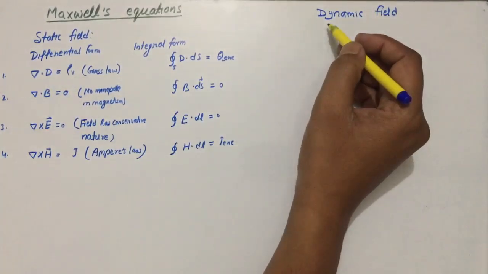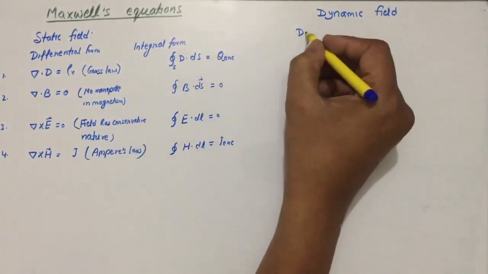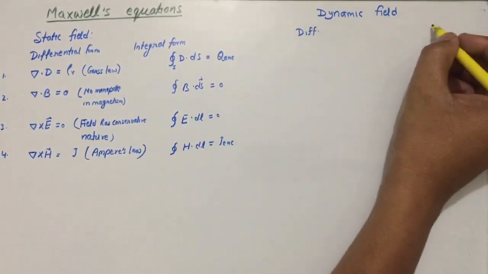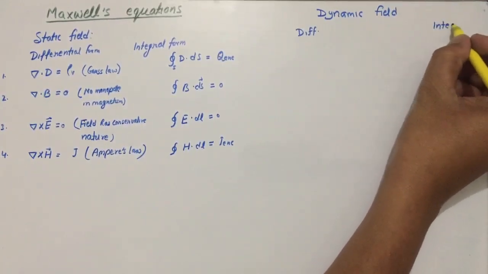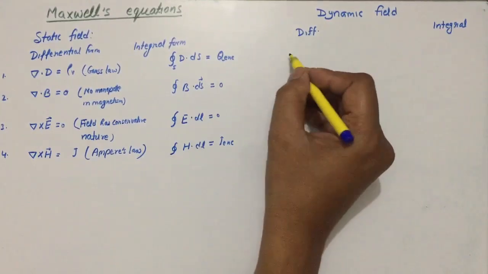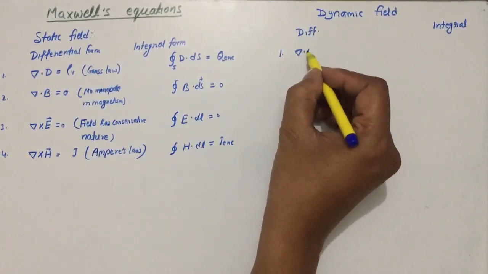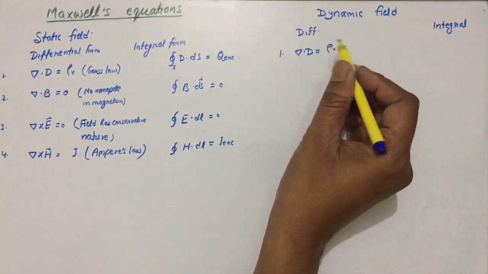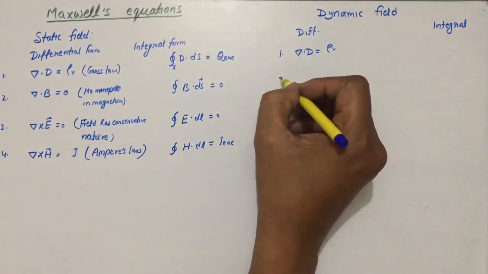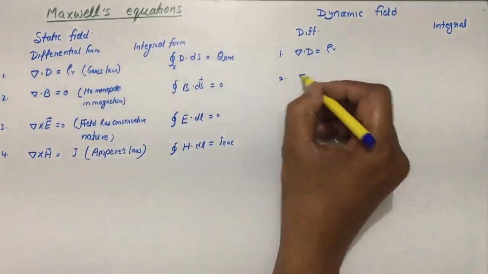So for that case the Maxwell's equations change in differential form and in integral form. Let us revise them. The first equation remains as it is, there is no change. And the second equation also, monopole does not exist, does not change.